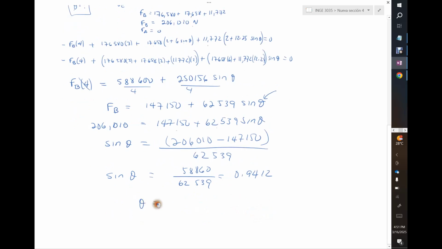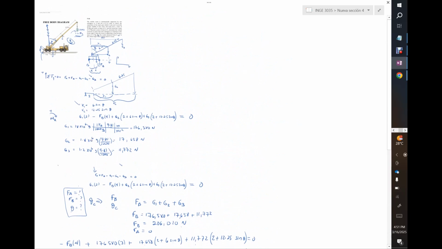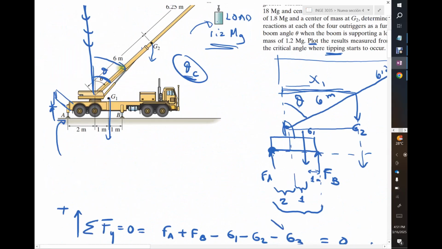So theta is the inverse of the sine, about 70.3 degrees. So that's basically it, and this we call theta critical. So if you drop this boom to about 70.3, the force here is zero, no force. You can stick your foot right there. There's not going to be any problem.